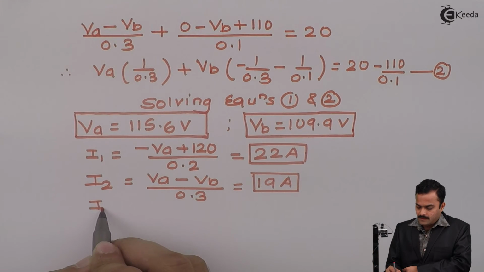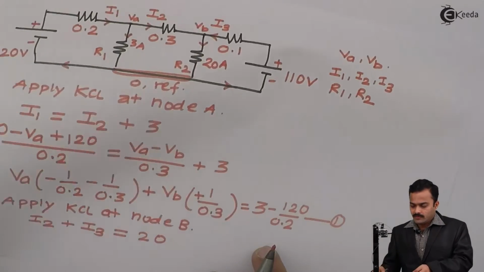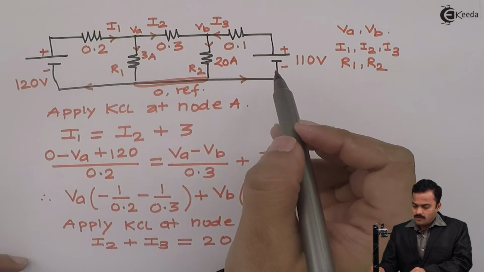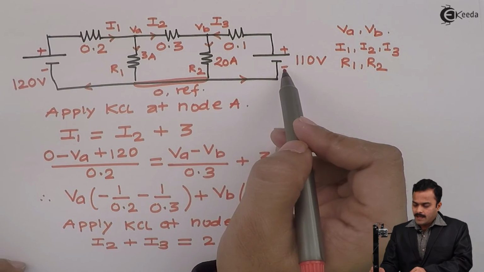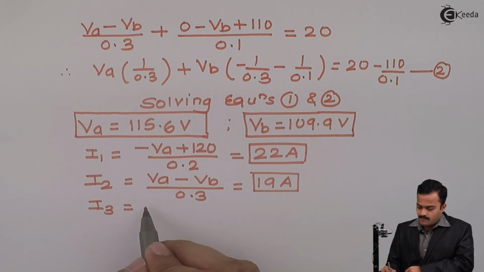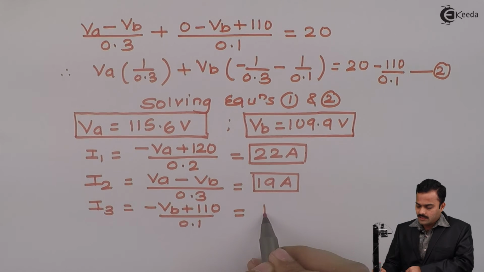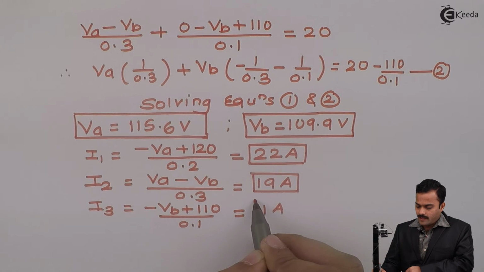And finally I3 equals 0 minus VB plus 110 divided by 0.1. The answer you will get is 1 ampere.